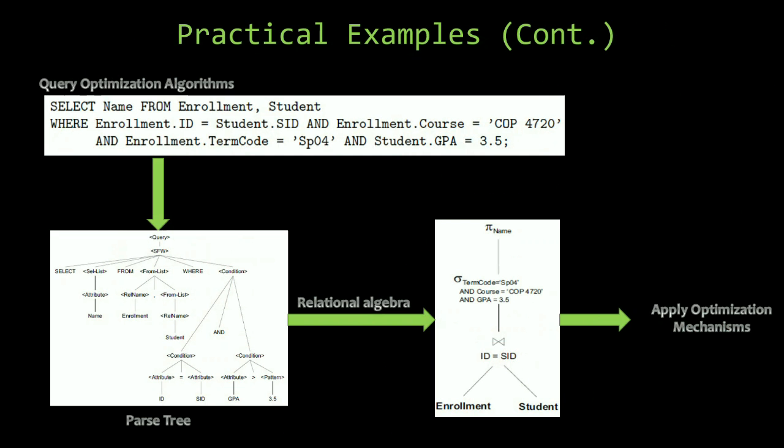So for that, internally the database parses that query into a tree format, then applies relational algebra, and at the end of relational algebra, they apply some optimization mechanism. In this way they perform all the optimization, and definitely at the end they use data structures and algorithms. These are the main real-life examples of data structures and algorithms, and it's very important to learn data structures and algorithms in computer science fundamentals, and programmatically also.